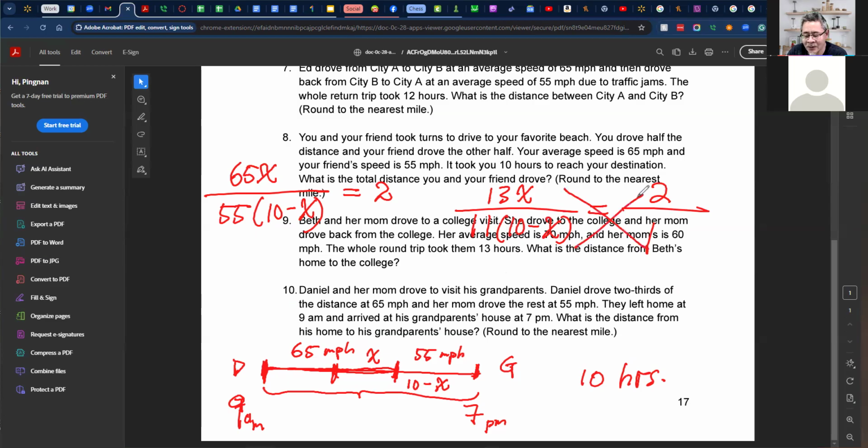This times that equals that times that. So we got 13x equals 2 times 11 is 22 times (10 minus x). Then we got this setup. Okay. Are we good on here?